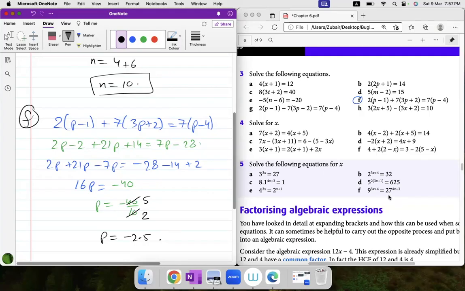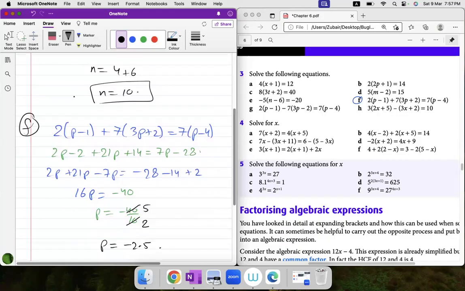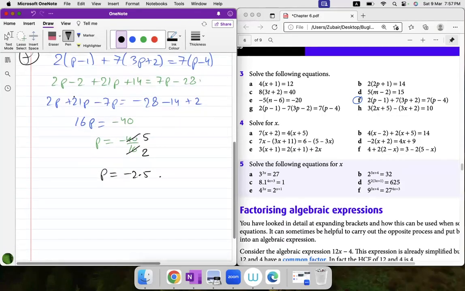Wait, but I'm trying to look at your method. Yeah, same method as well. Because here we have different brackets which are also being added with each other, so we can't try different routes. It was possible in 3E to take 5 on the other side. That was a single bracket.